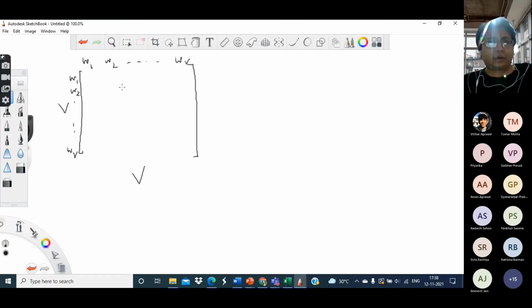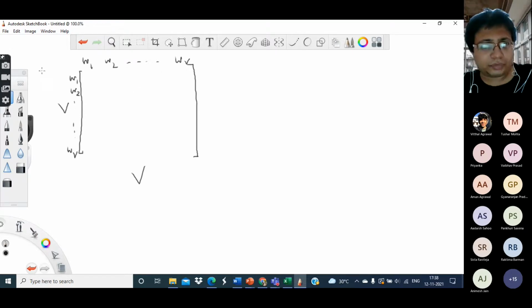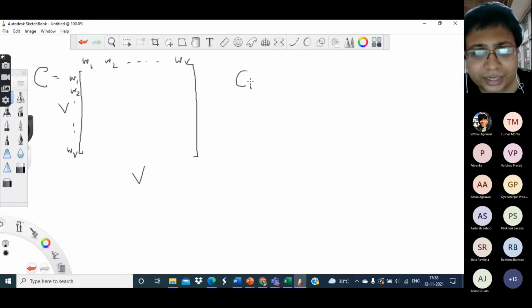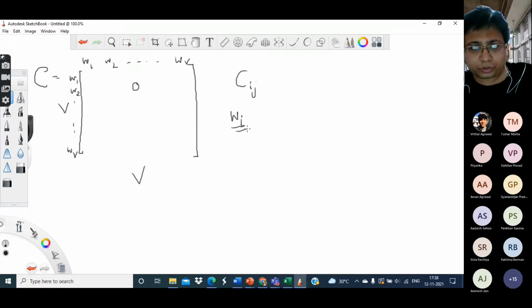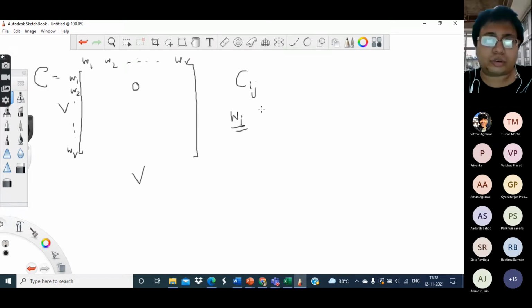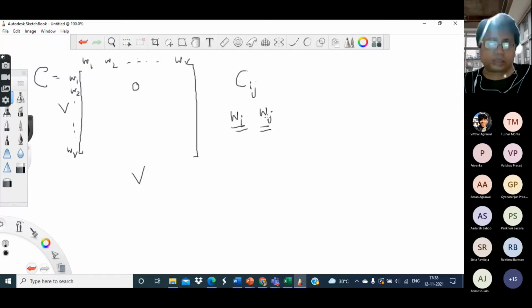Now consider what this matrix contains. I'm calling this matrix C. Consider the ijth entry of this matrix, Cij. The row corresponding to it is of course for the word wi, and the corresponding column is for word wj, right?